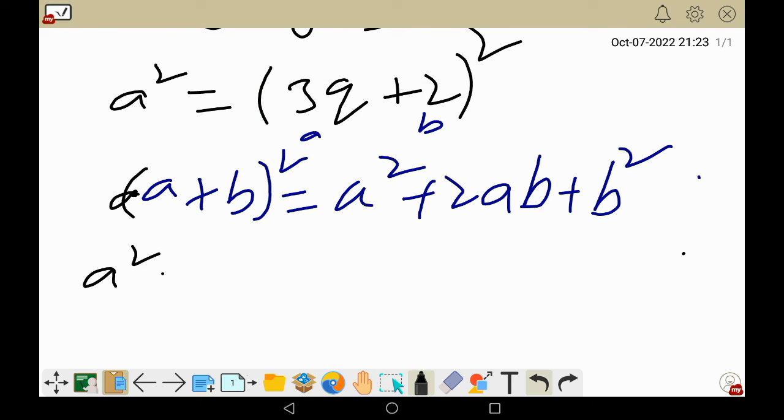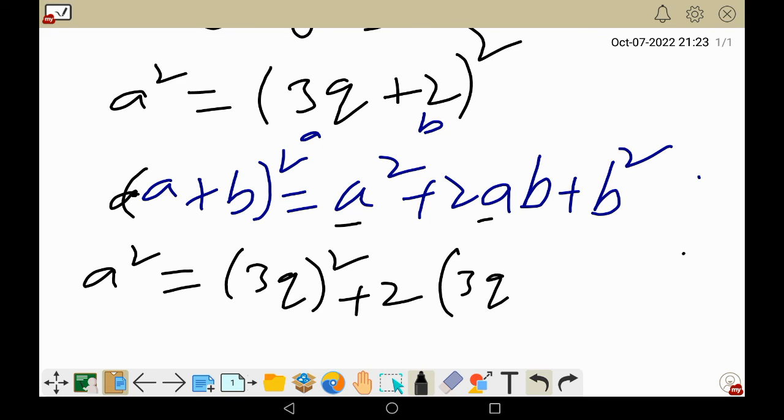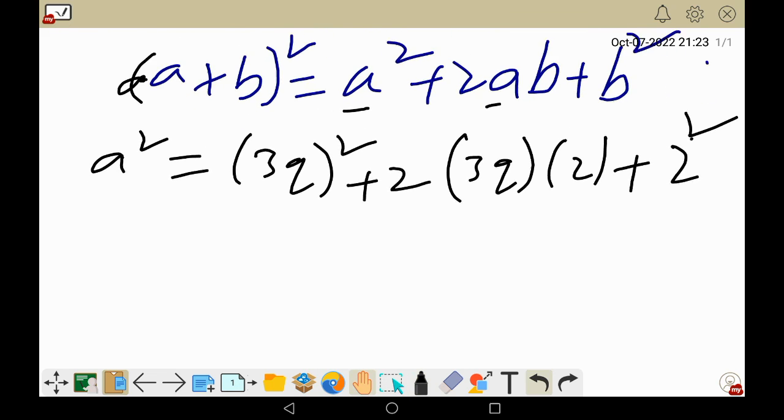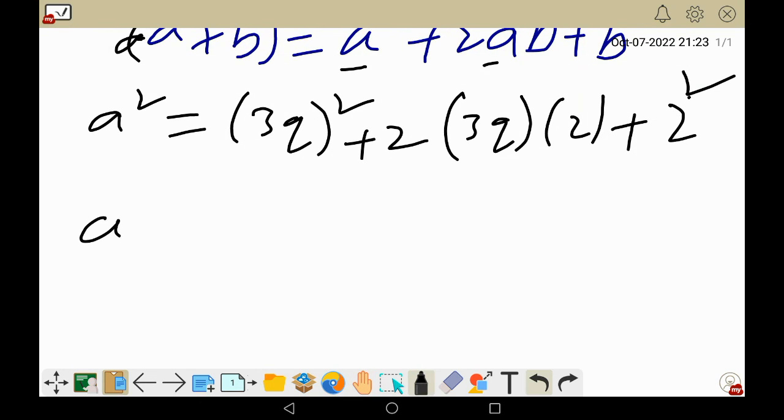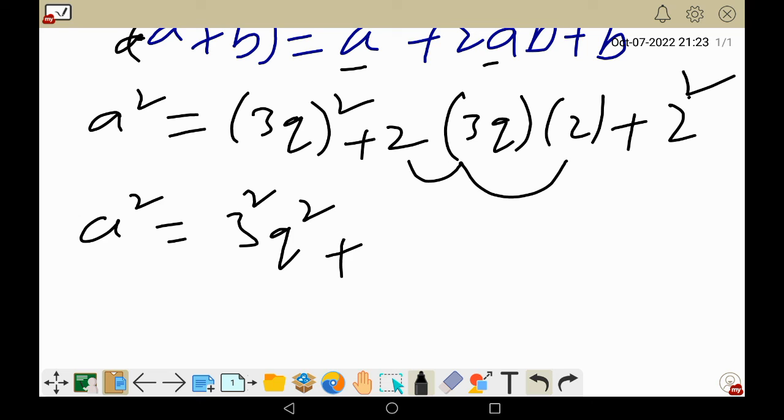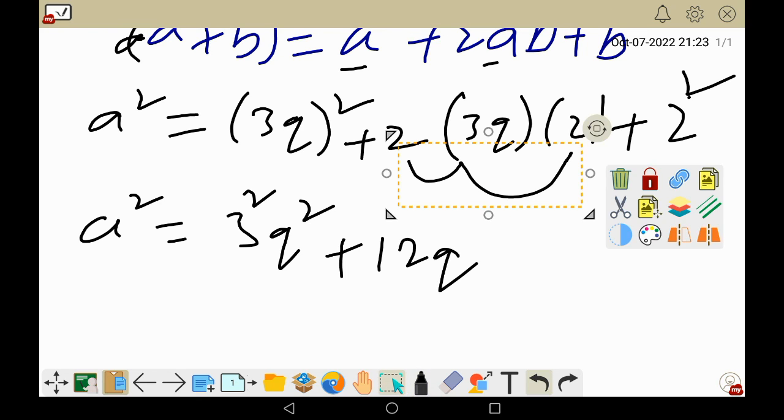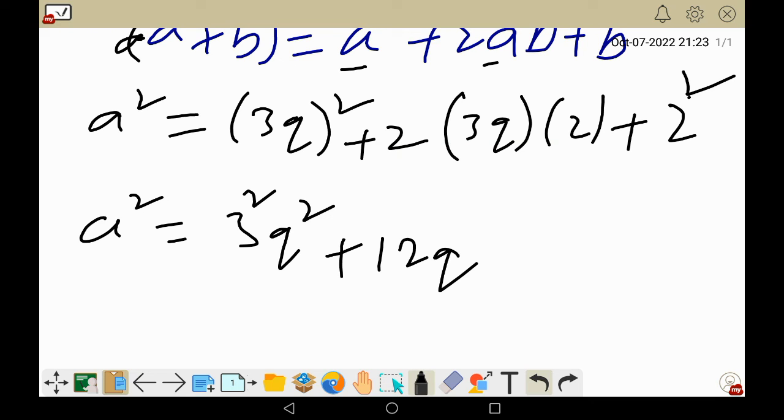A square is equal to, in the place of A we write 3Q whole square, plus 2 as it is, A replaced with 3Q, B replaced with 2, plus B replaced with 2 square. A square is equal to 3 square Q square plus 2 into 3 is 6, 6 into 2 is 12, 12Q, plus 2 square is equal to 4.